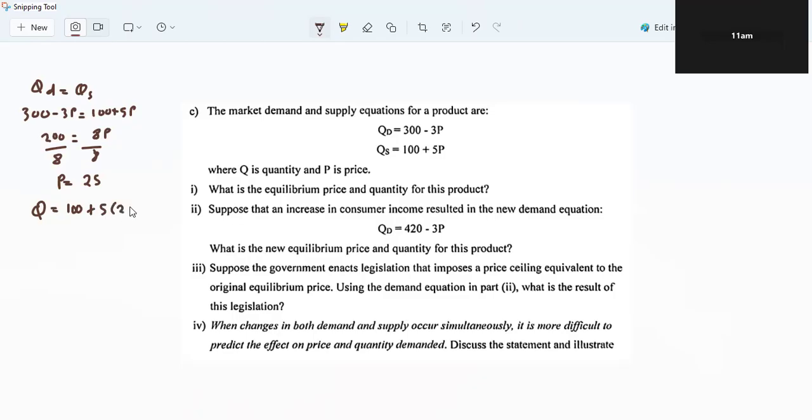And what do we get? 225. 175, right? Is it? 225, yes. 225.